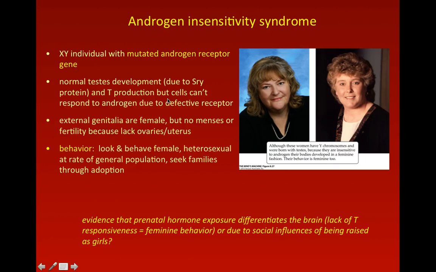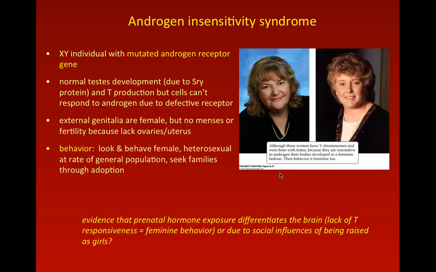If the cells in the brain of these individuals can't respond to the testosterone that's around because they don't have the receptors for it, maybe this is why they identify as female in adulthood. But again, it could be social influences of just being raised as girls that give these characteristics.